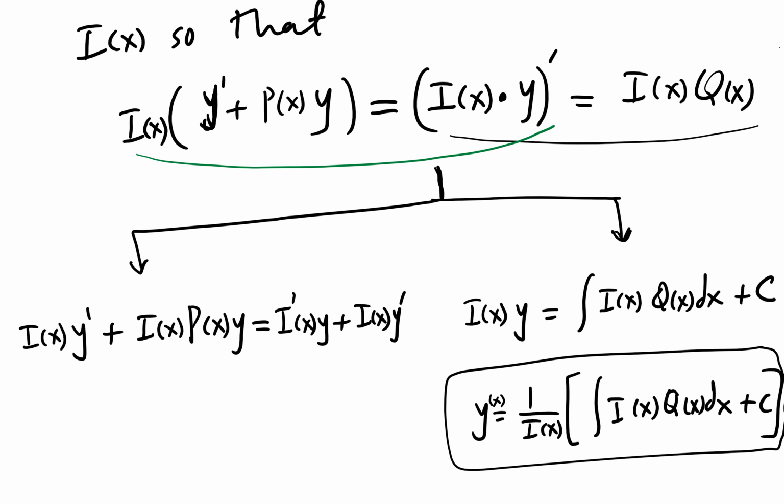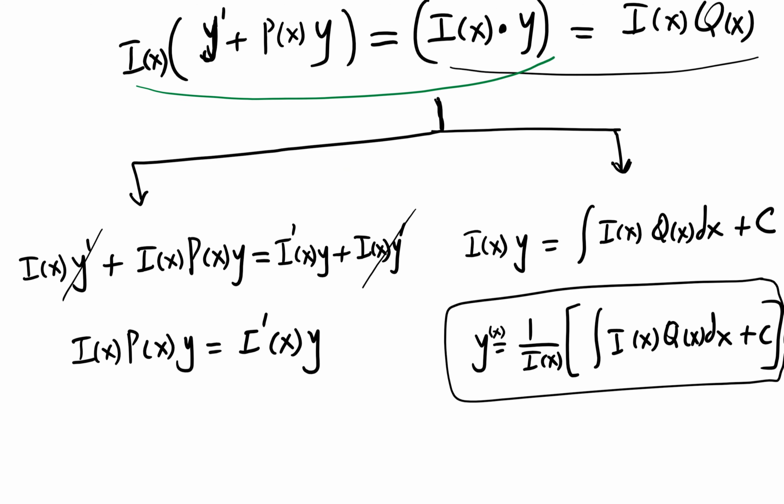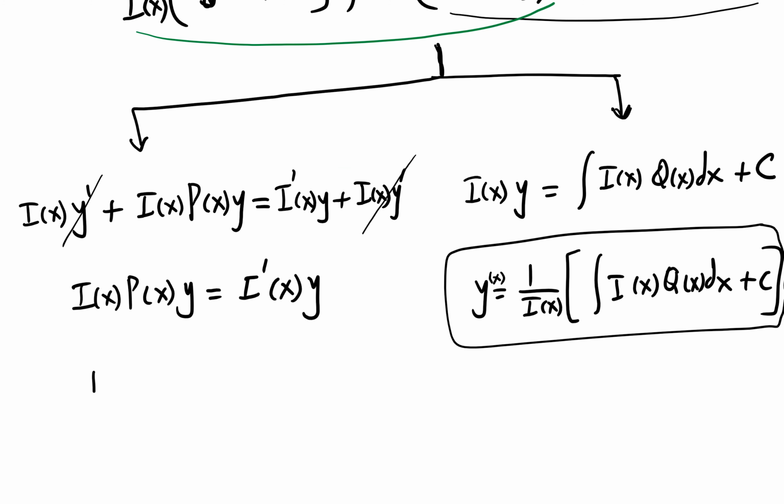Notice how this and this cancel each other. That'll give me I of x times p of x times y equals I prime of x times y. And we could divide by y both sides. You get I of x, p of x equals I prime of x.